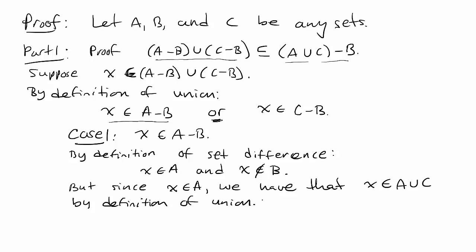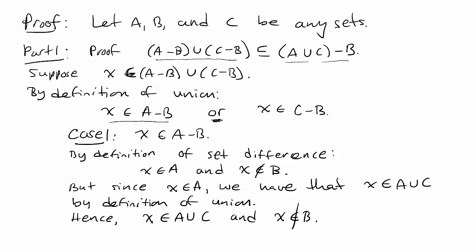Because if it's in A, then you can say it's in A or C. Just remember, think back to the first example we did in this video. Hence, X is in A union C, and X is not in B.